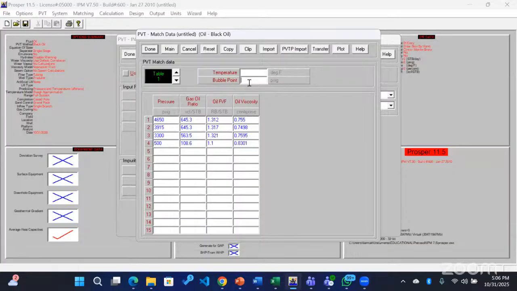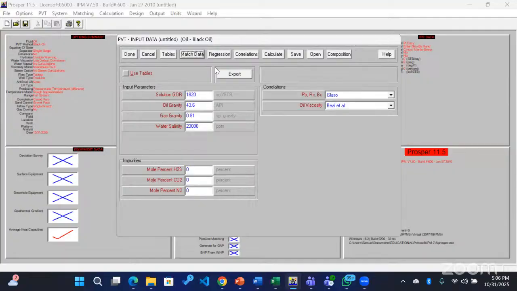So let's say our bubble point is 3915. So the temperature is 176.7. So having done that, then you come to done.